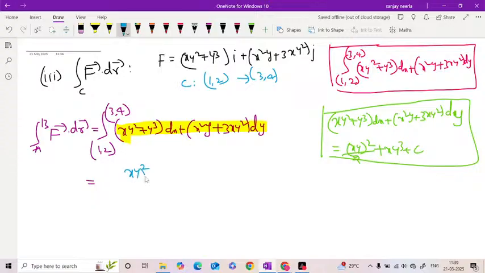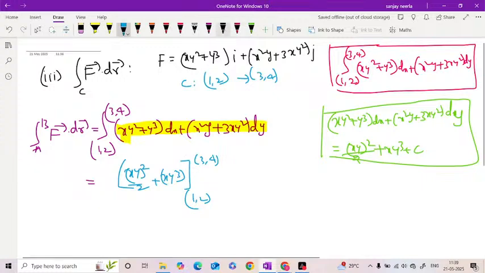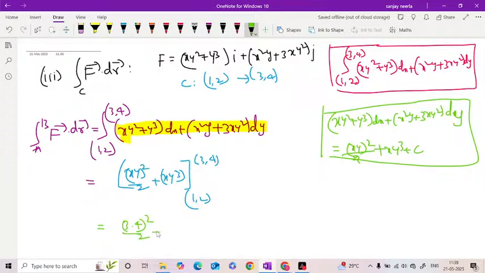The result we will write like this: xy square by 2 plus xy cube with limits 1 2 to 3 4. The upper limit is 3 4 and the lower limit is 1 2. Substituting the upper limit, 3 into 4 whole square by 2 plus 3 into 4 cube. For the lower limit, x is equal to 1 and y is equal to 2, so 1 into 2 whole square by 2 plus 1 into 2 cube.